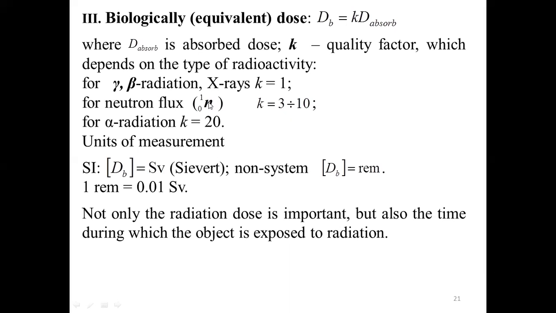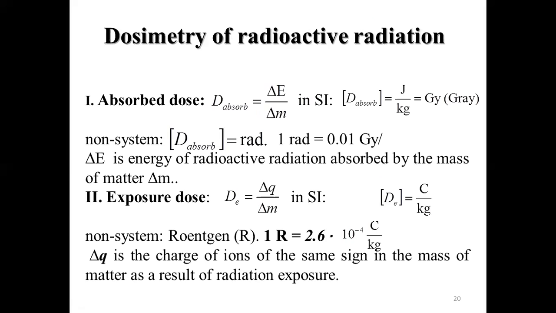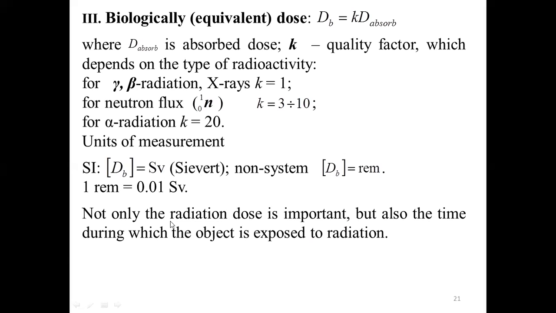For neutron flux, we have a quality factor varying from 3 to 10, and for alpha radiation it is about 20. Units of measurement in SI are sievert, non-systematic is rem, radioactive equivalent man, whereas for absorbed dose, rad, we have radioactive absorbed dose abbreviation.